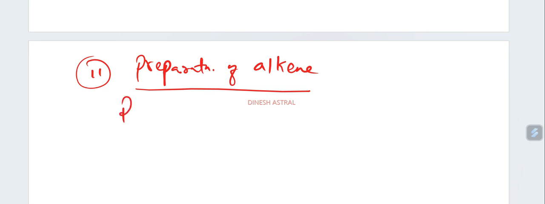Here let me write RMgX, where X is halogen and R is a carbon compound. It will be reacting with an allyl halide. Let me write here allyl halide.